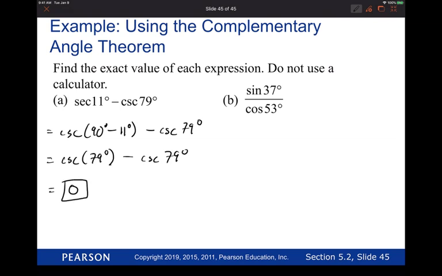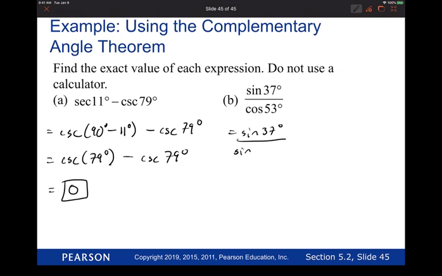Okay. If we use the same property here, sine of 37 degrees, what's cosine of 53? That's the same as what? What do we do with the secant? Cosine is the same as what?